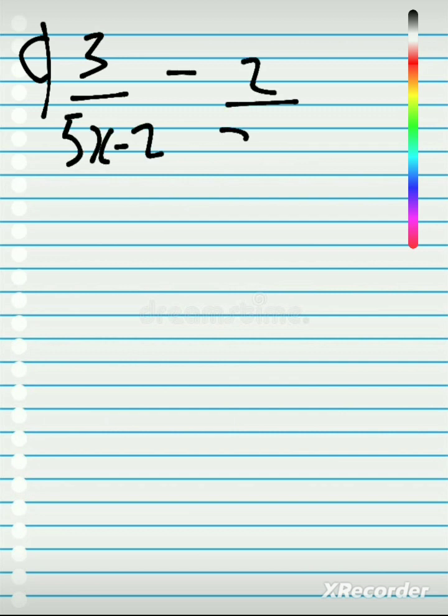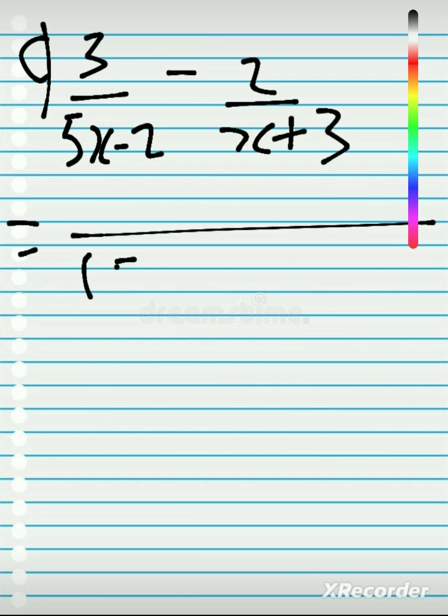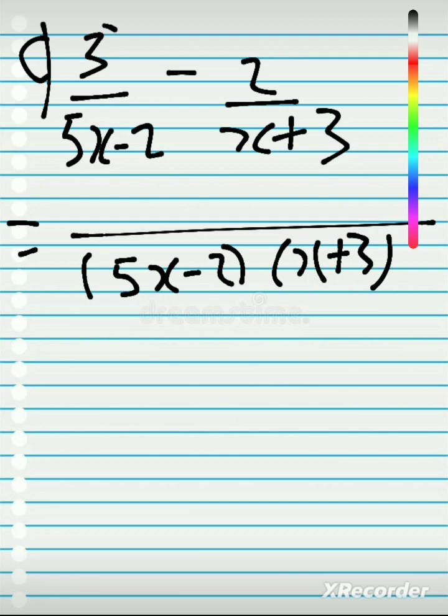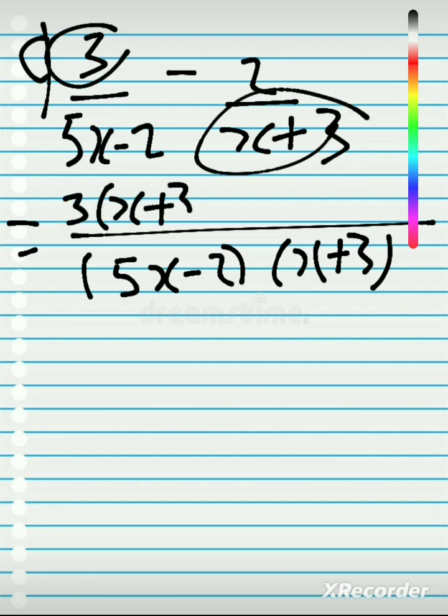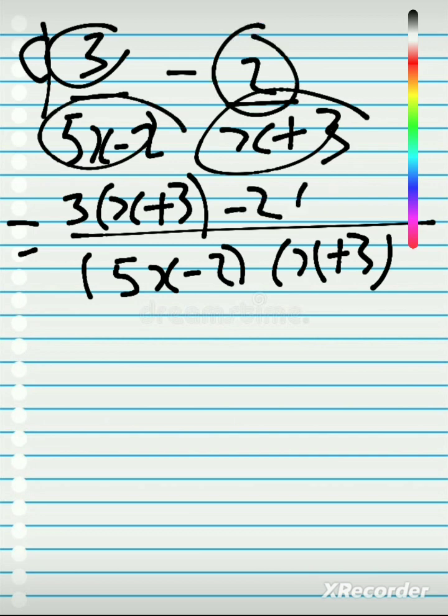We go to C. Okay, so C says 3 over 5x minus 2 minus 2 over x plus 3. Again, common denominator, we just put them together, 5x minus 2, x plus 3. Okay, so this times this, 3 times x plus 3, minus 2 times this, 5x minus 2.